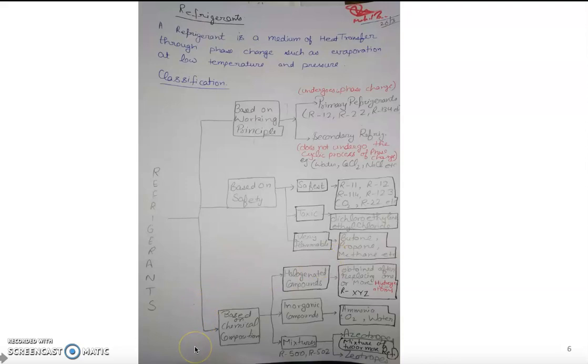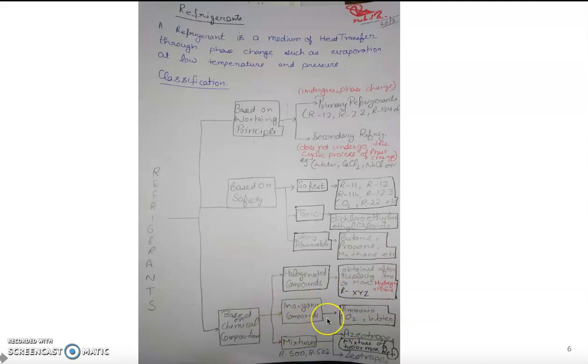Okay, the third classification is based on the chemical composition. First, the halogenated compounds, which we will see in the next slide, are obtained after replacing one or more of the hydrogen atoms, and their nomenclature is written as RXYZ, like R114, R011, R22.